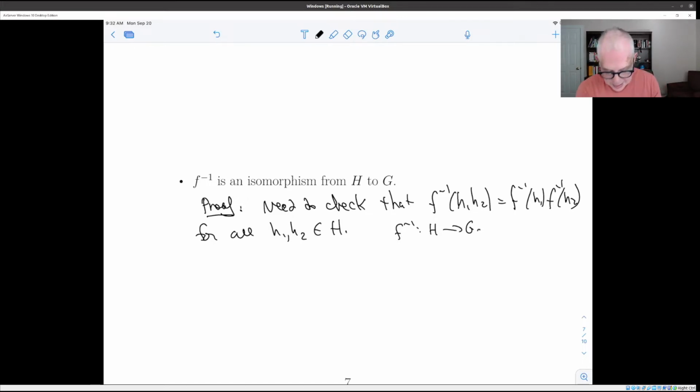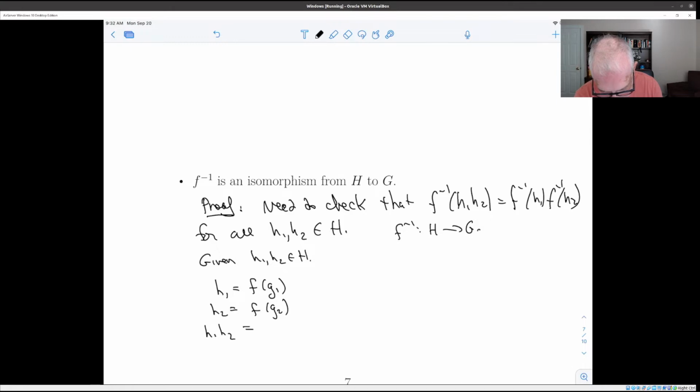So given H1 and H2 in H, let's write H1 as F of G1, H2 as F of G2, and H1 H2 is F of G1 times F of G2, but that's F of G1 G2 because F is an isomorphism. And now let's read these using the properties of the inverse function. This one tells us that G1 is F inverse of H1.